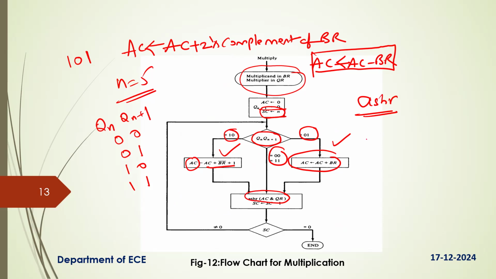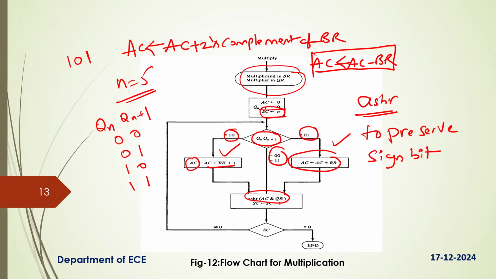That means before shifting, if the sign of the number is positive, after shifting the sign remains the same. Similarly, if the sign of the number is negative before shifting, it remains negative after shifting.